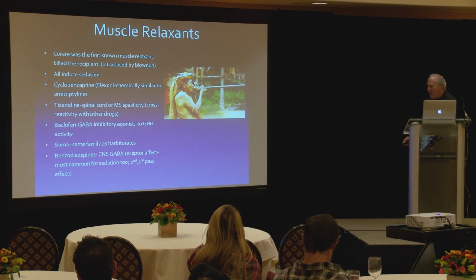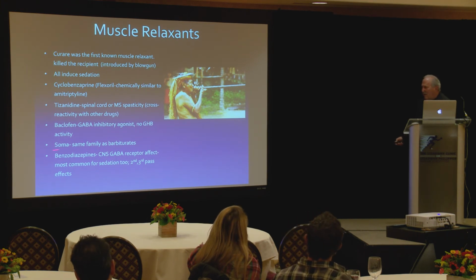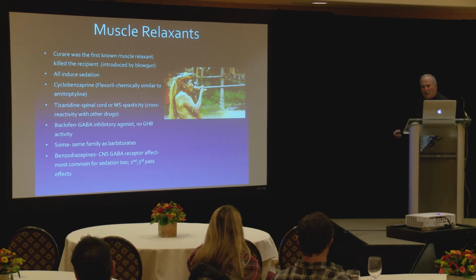And Valium is a great drug, but Valium has second and third pass effects. So, for example, Soma goes through the liver once and it's acetylated and stops working. Valium will go through the liver once, acetylated, and the secondary form works. And then it goes through the liver again and the tertiary form works. So you got to be careful that you don't overdose on Valium, but it's a great drug.